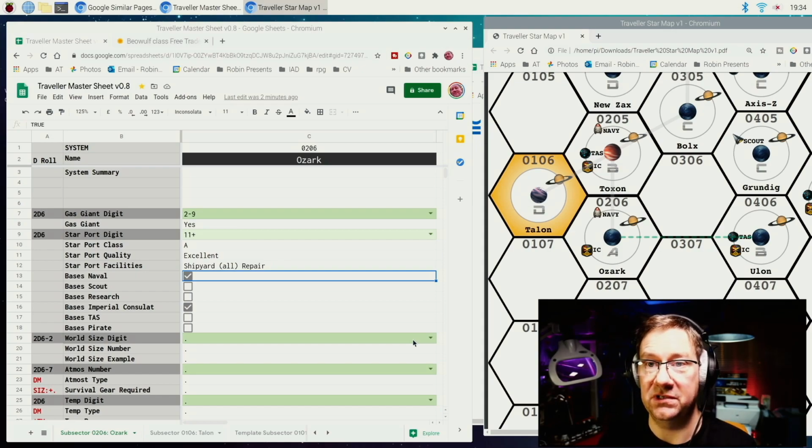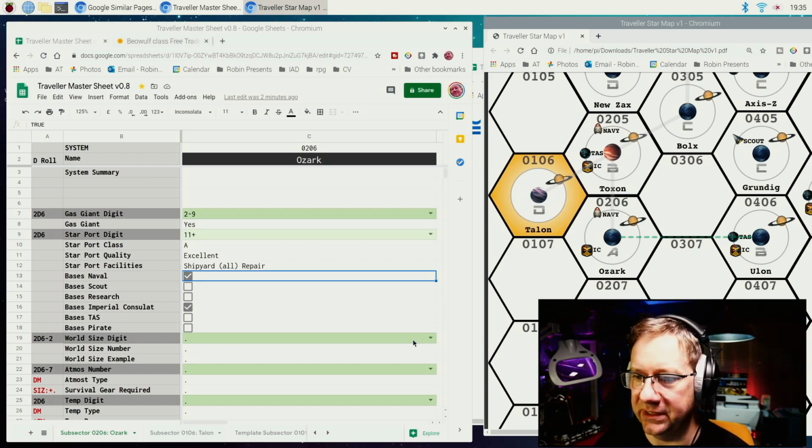It could be an imperial consulate that is mostly populated with people from that system. Probably actually many of them are, because they'd hire locally, wouldn't they? It's the easiest way to do it, and then bring them into the imperial ways, but at least within that starport anyway. And you can imagine the espionage, spies, and backwards and forwards between the locals, especially if they're like Toxon and they don't like that external presence.